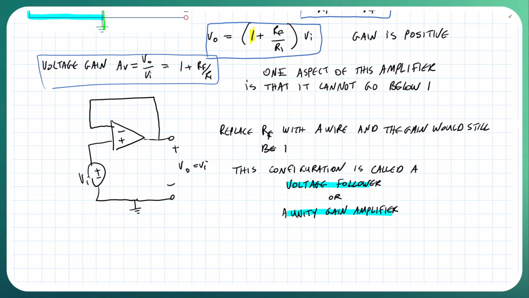And it's good for separating two circuits while allowing a signal to pass through. So that's one potential application of it.